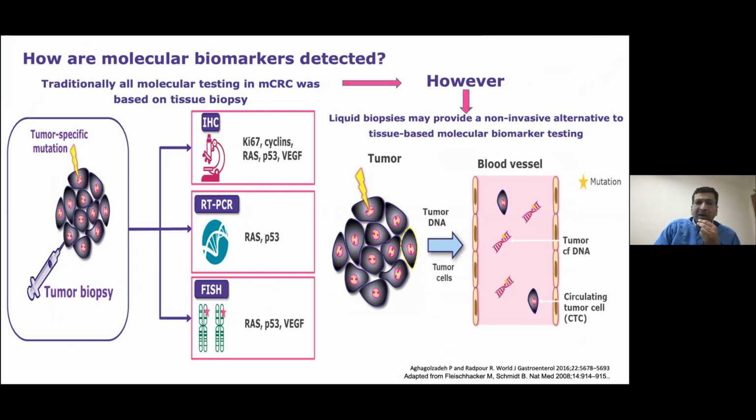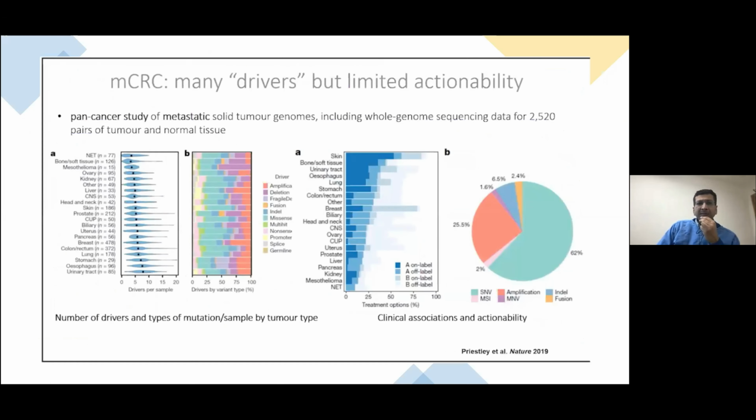So the biomarker profile is also changing. In metastatic colorectal cancer, there are many drivers, but the actionability is very limited because of the availability of medicines, or we do not know what role they play in the cascade of carcinogenesis.